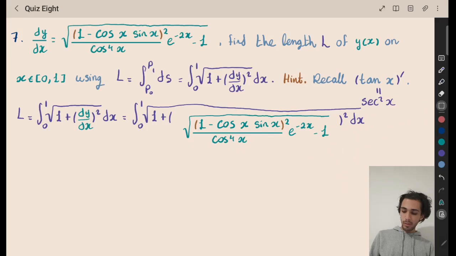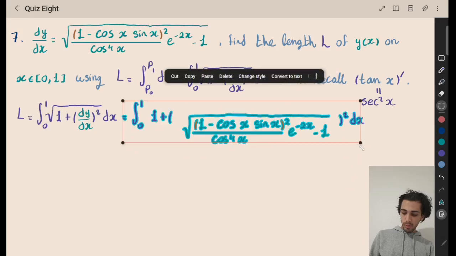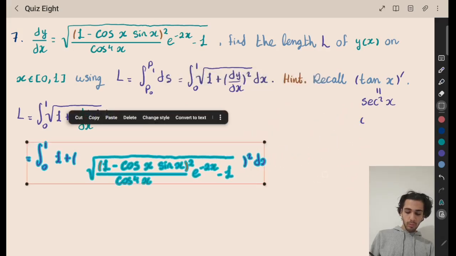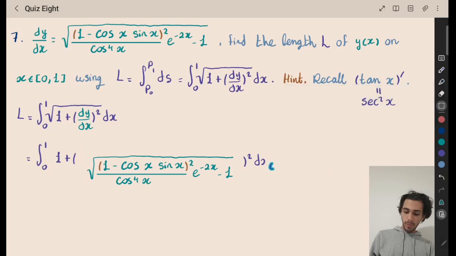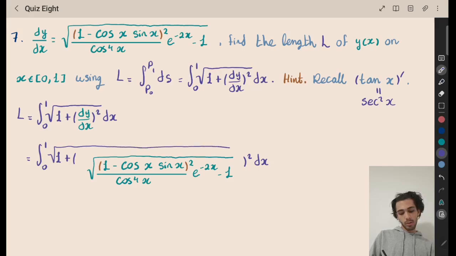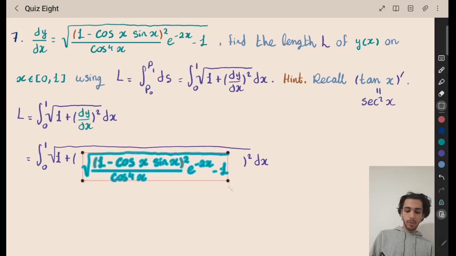Actually looks bad. Maybe I'll just write it like this. I'll regret this waste of space. Okay, maybe I won't write down the square root. Or maybe I should. Okay, there you go. That's not so bad.